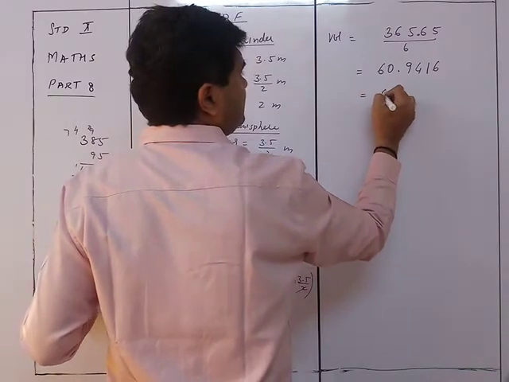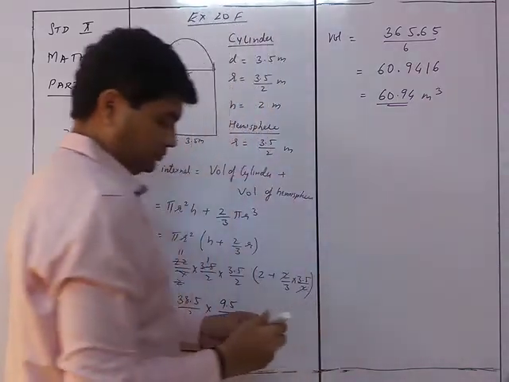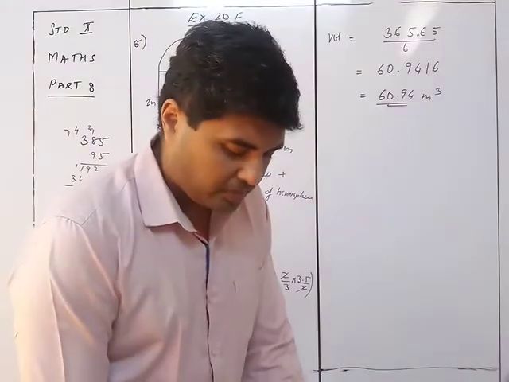So that will be 60.94 meter cube, rounded off to 2 decimal points.